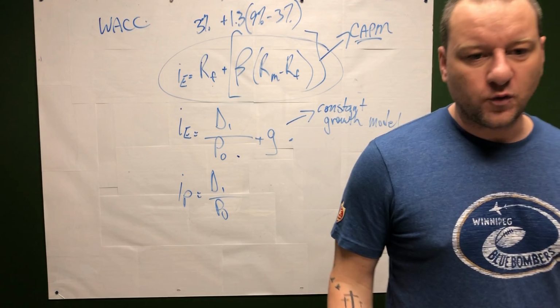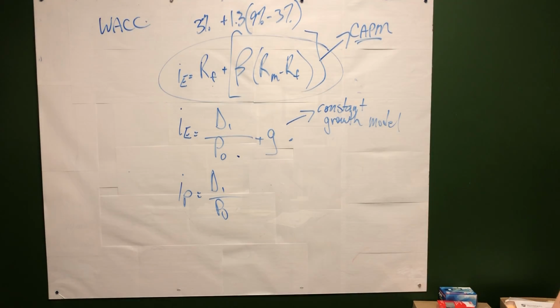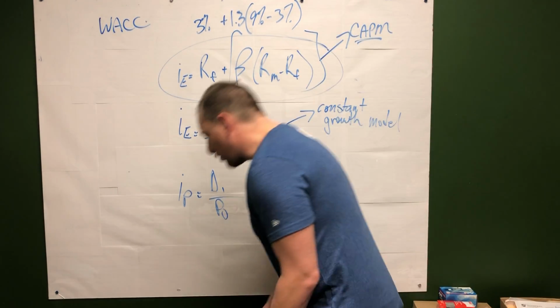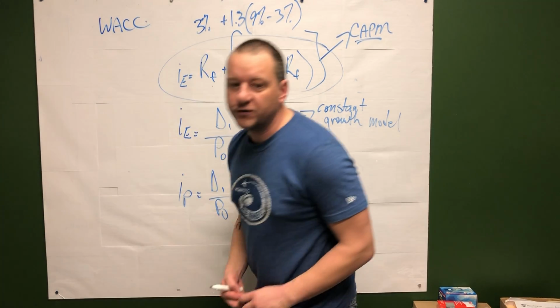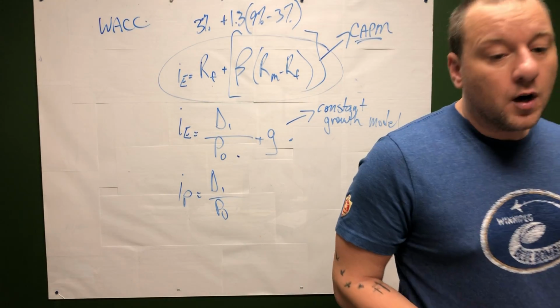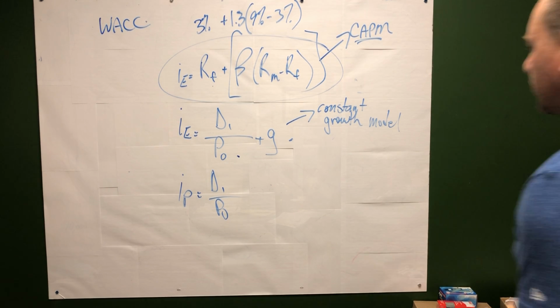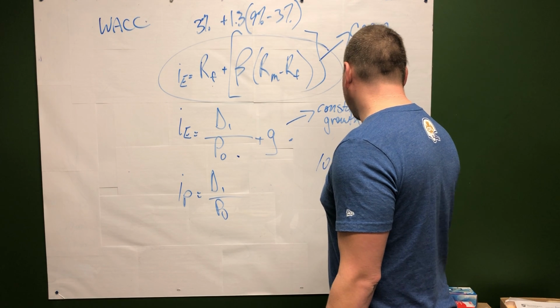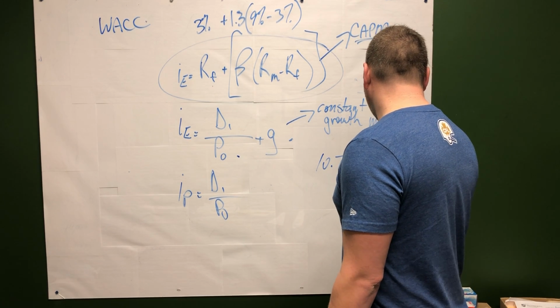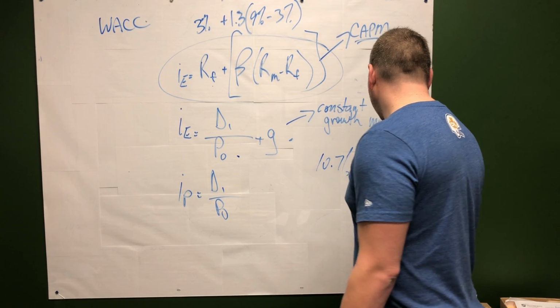Is one better than the other? It depends. Usually you're not going to get enough information to do both and then average them out, but in the slight chance that you do, then you could. Is there really that much difference between 10.7% and 10.8%?